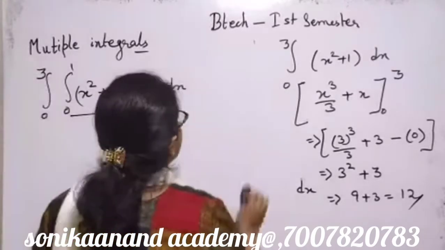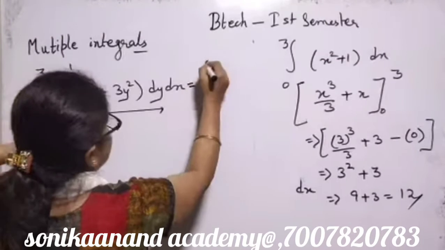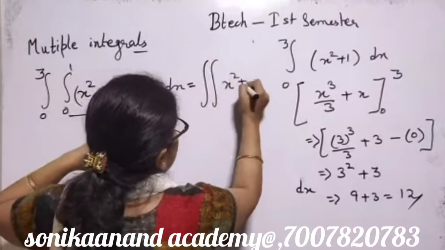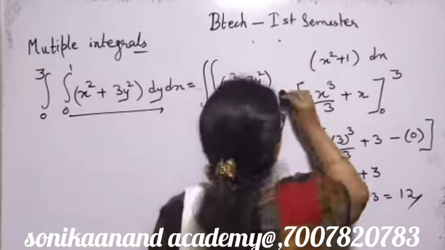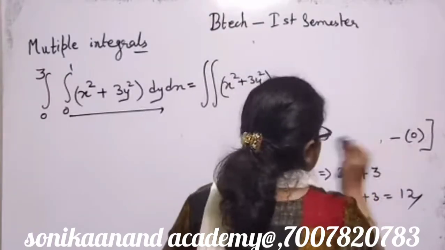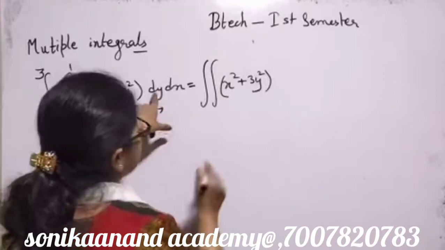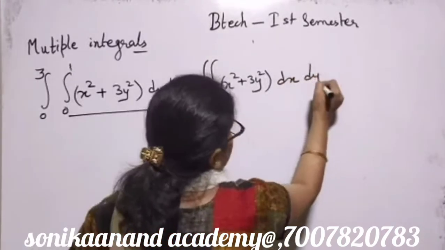If I say this question is just changed in this way, x squared plus 3y squared, now dx comes before dy.